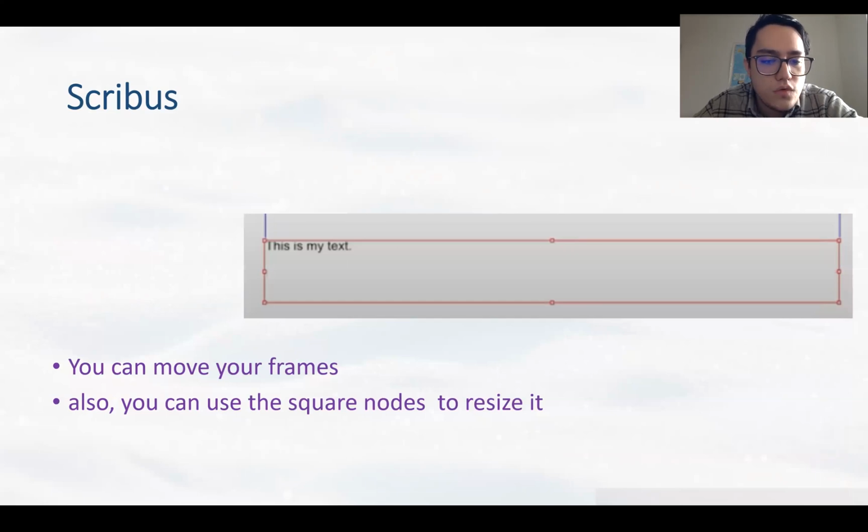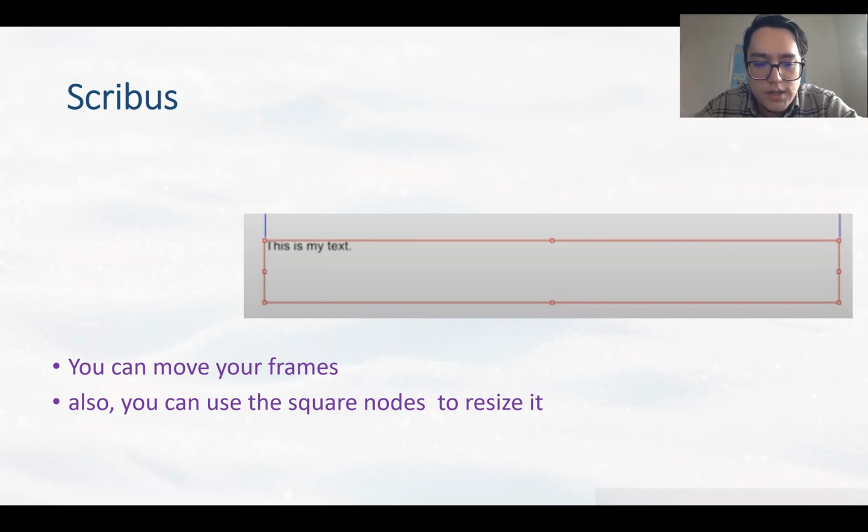You can move your frames. It doesn't matter if it is an image frame or a text frame. You can move your image frames, box frames, or text box or image box. You can move them.